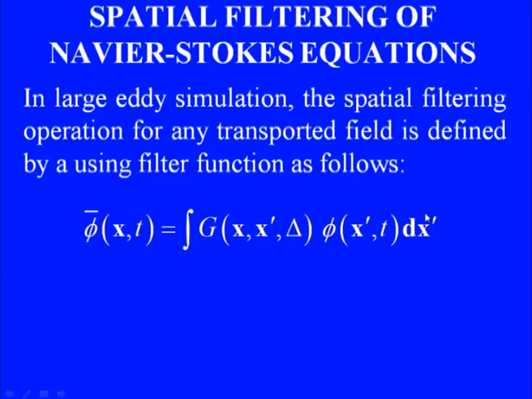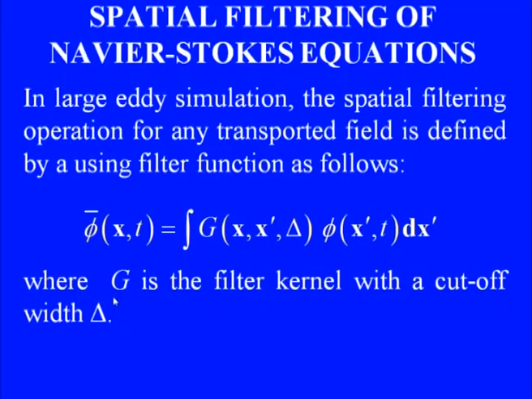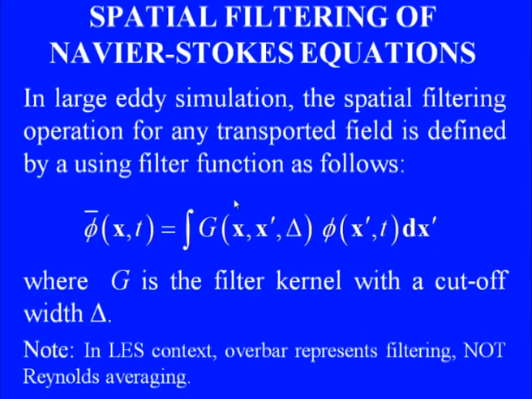This integration is carried out over the spatial domain, and here g is the filter kernel and delta is the cutoff width. We will see that we do not actually have to perform these complicated 3-dimensional integrations, it is just a conceptual step.